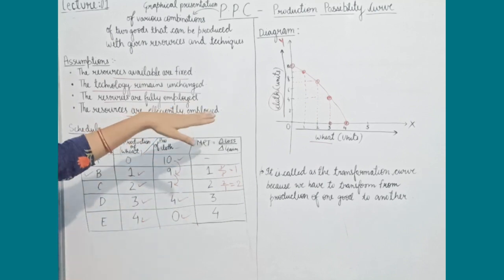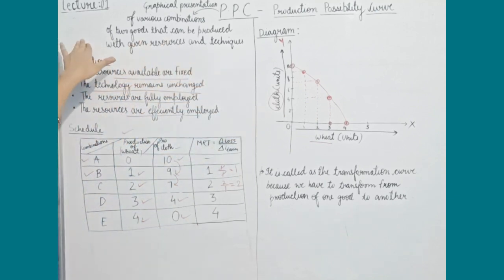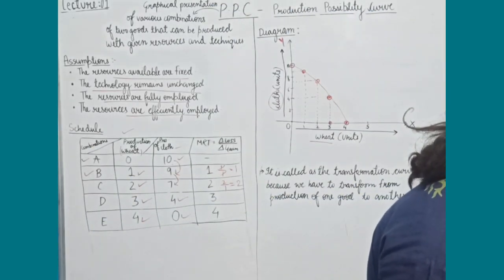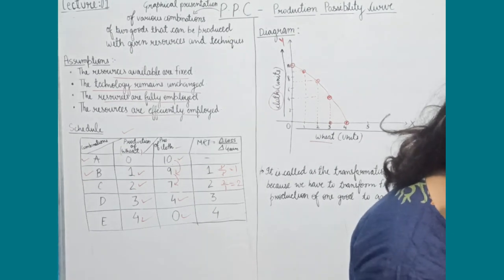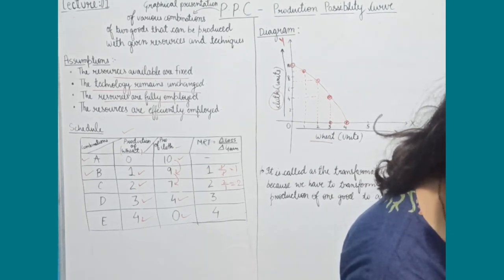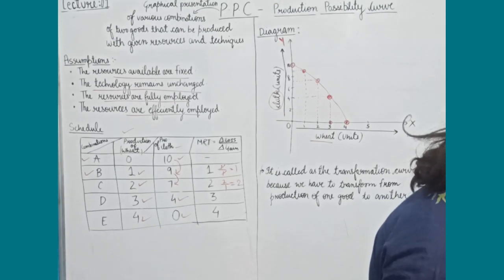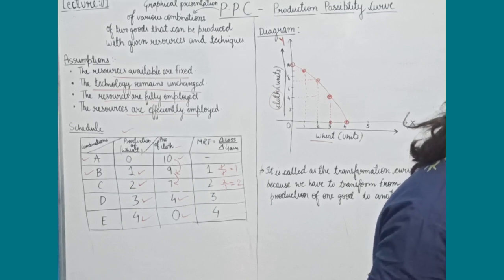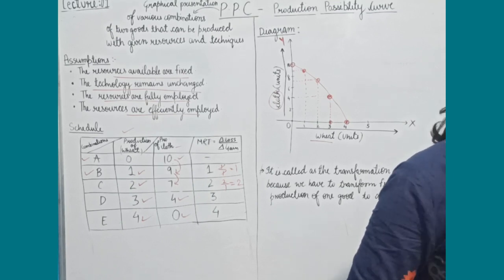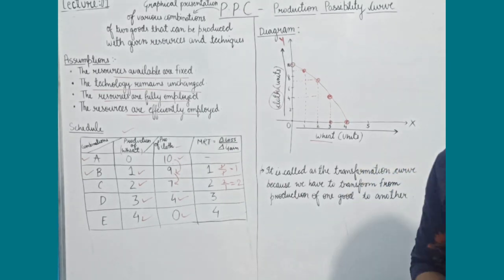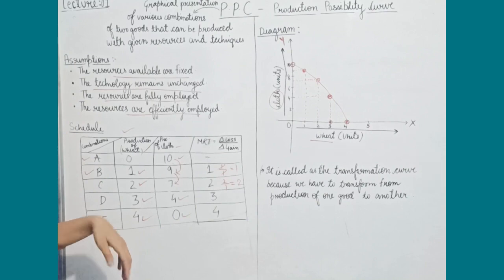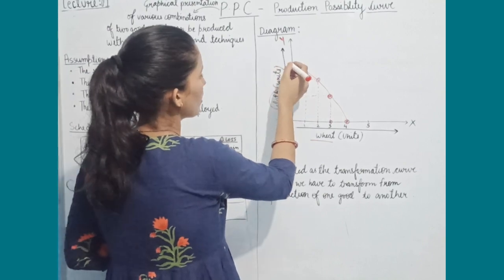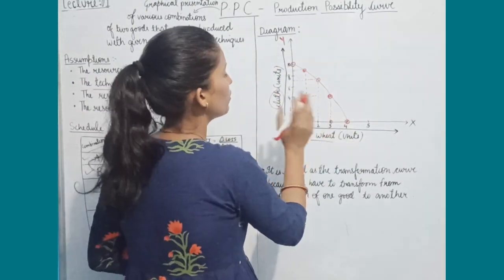Okay. Now the shape of this PPC curve is sloping downwards from left to right.